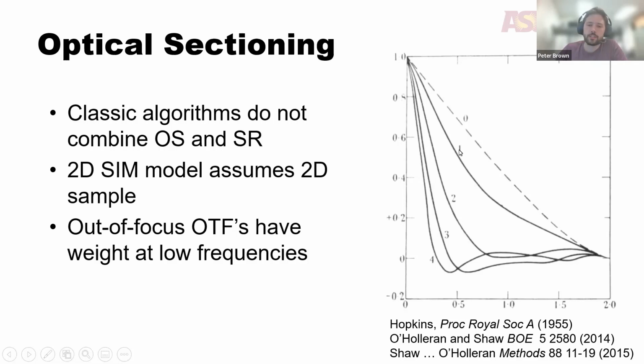As we move an object out of the focal plane, we see less high frequency information, which corresponds to the object blurring. And for very far out of focus objects, we get very little high frequency information, but we see a big blur, because our optical transfer function still has significant weight at DC.